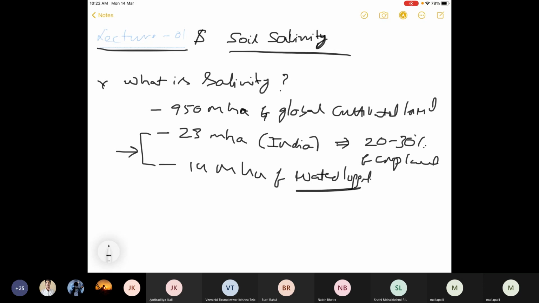Why do we call it soil salinity? Because the soil contains some salts.